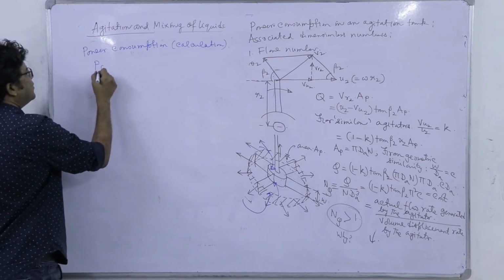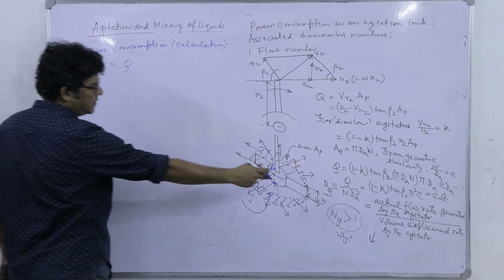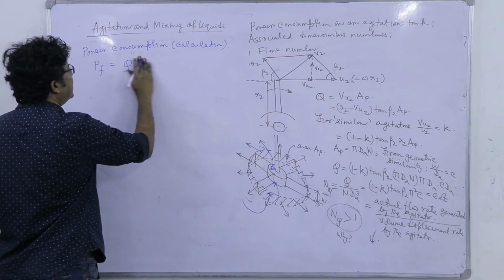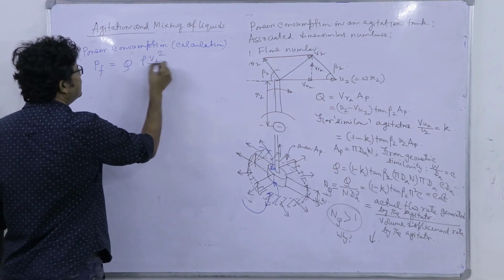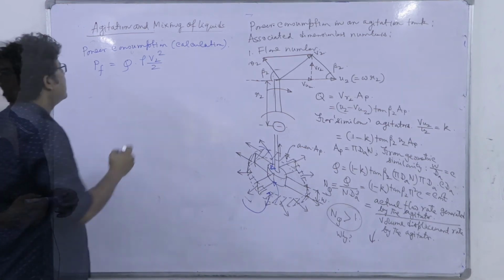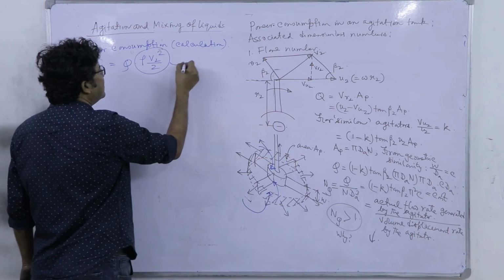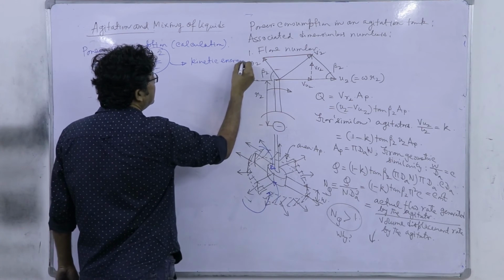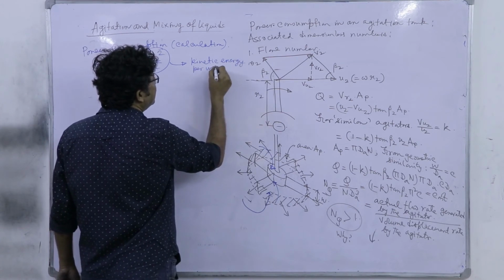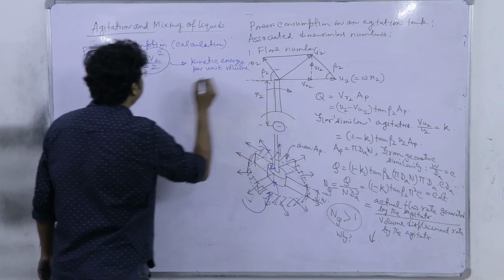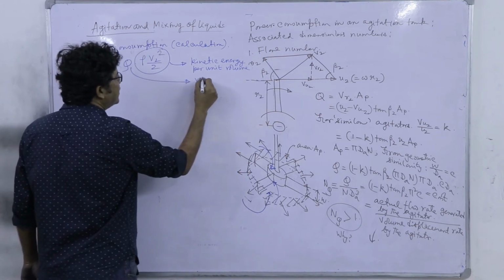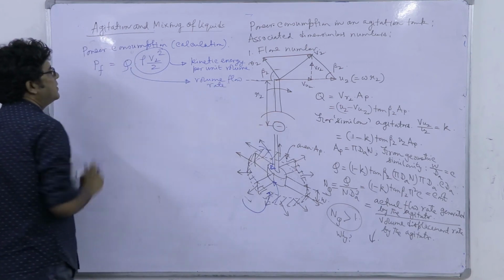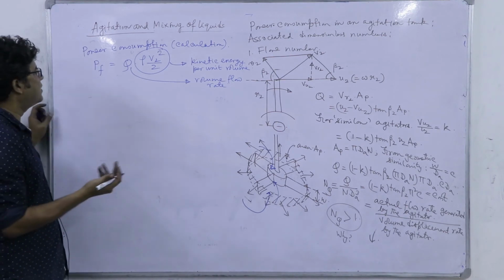So power supplied to the fluid is this flow rate Q multiplied by rho into V2 square by 2. So this is basically the kinetic energy per unit volume, right? And this is the volume flow rate. So obviously we will have the power supplied to the fluid. From this we can calculate.